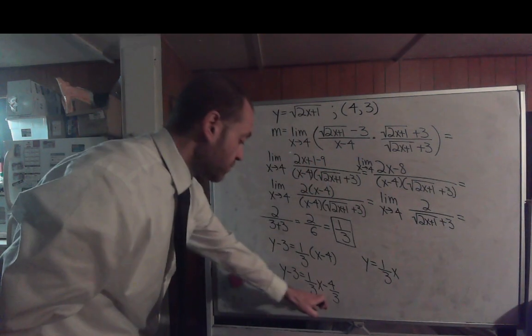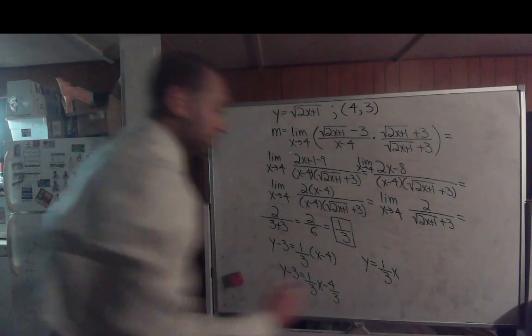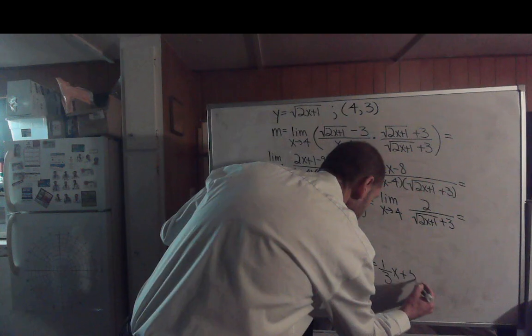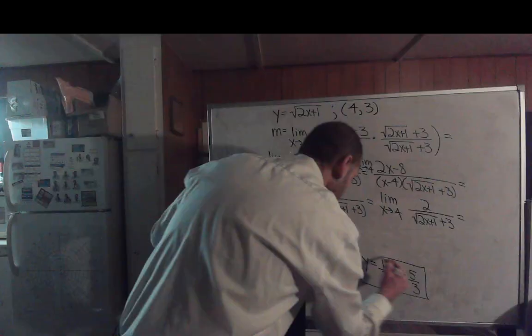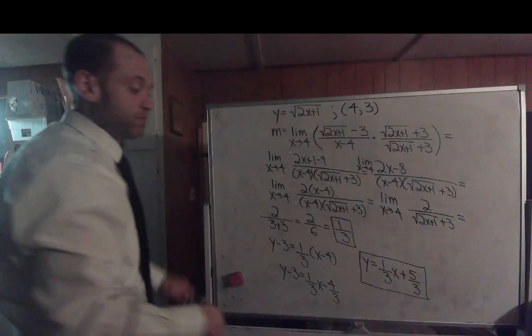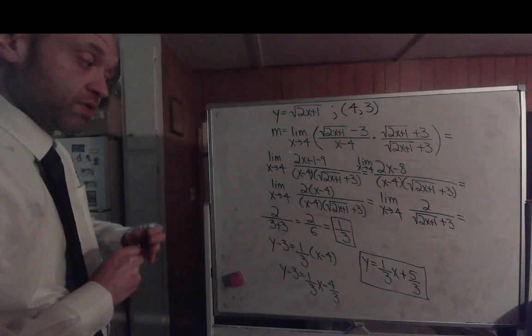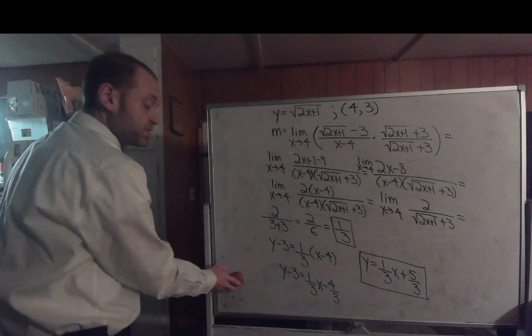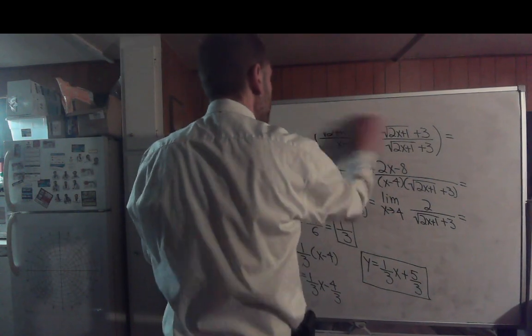Now negative 4/3 plus 3, well, 3 is 9/3, so this would turn into 1/3 x plus 5/3. So the equation of the tangent line at the point (4, 3) to this curve would be y equals 1/3 x plus 5/3. Let's do a couple more of these, then we'll do some applied problems.